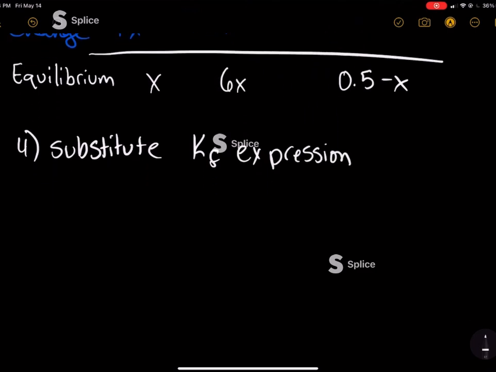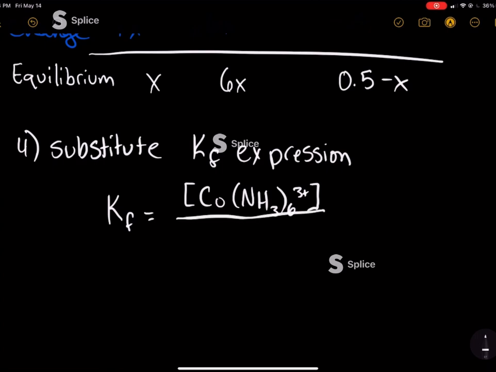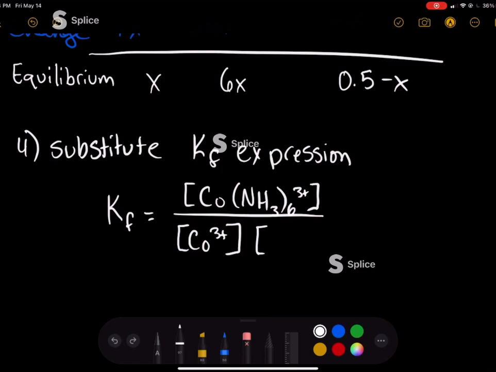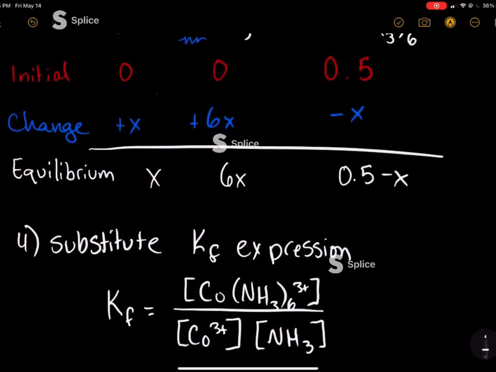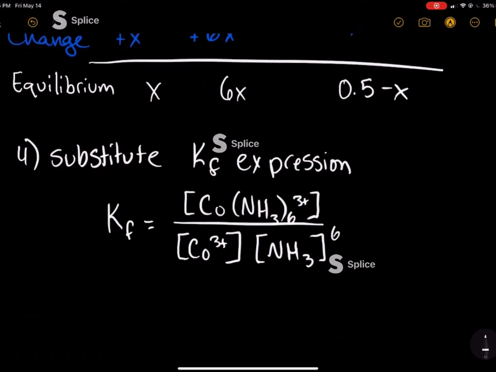So we have Kf equals the concentration of Co(NH3)6 3+ all over the concentration of Co3+ and then NH3. Now, again, because we have this funky little coefficient that I set up here, we're also going to have an exponent of 6 on that.